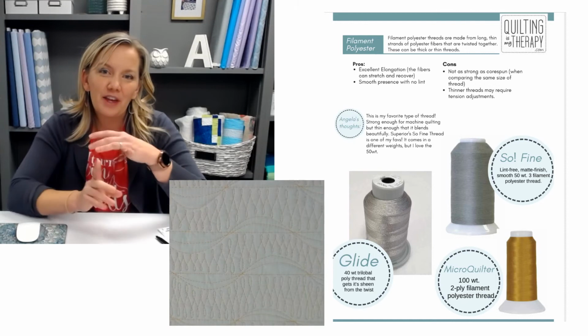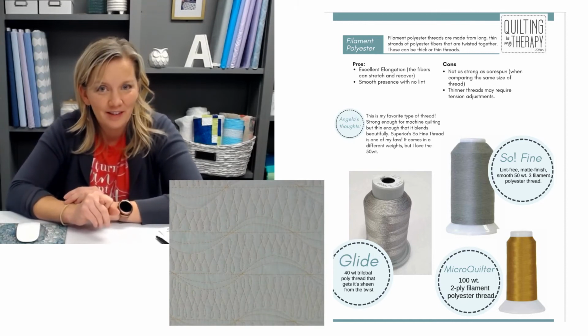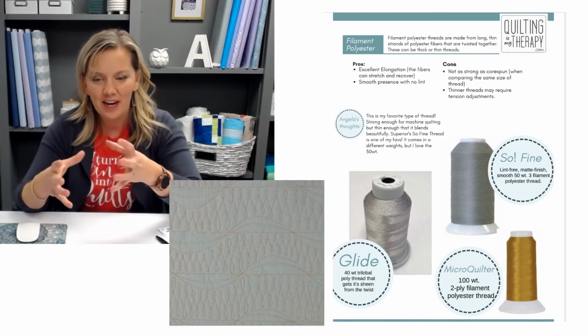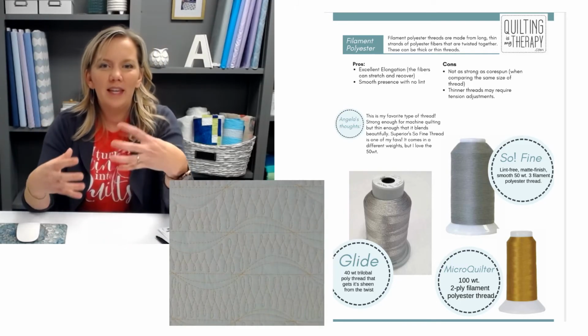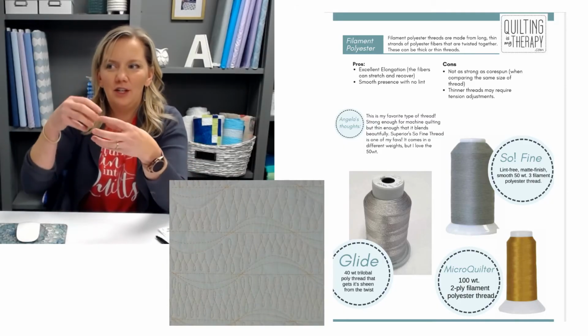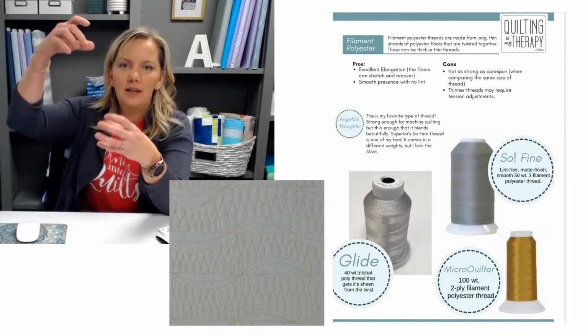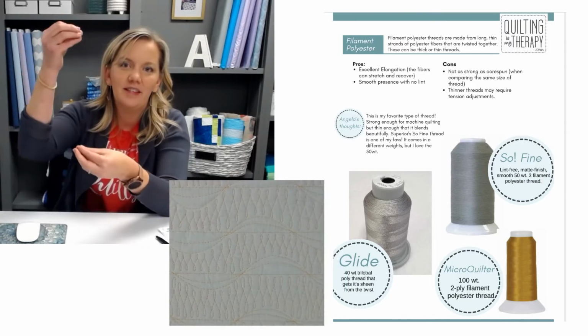If you're working with a cone of monopoly on your long arm, you're gonna want a thread net for this. What a thread net does is it goes around the thread and keeps it from falling down. When we get those thinner threads or those finer, more specialty threads, they tend to, as they're unspooling, fall down to the bottom, which is fine until they get stuck under and then snap.